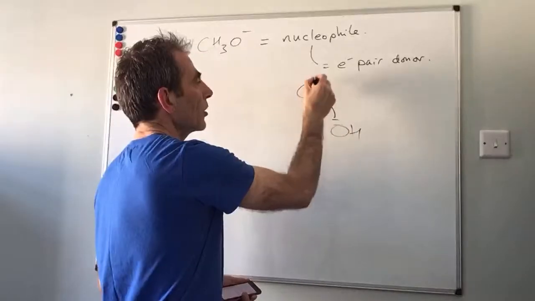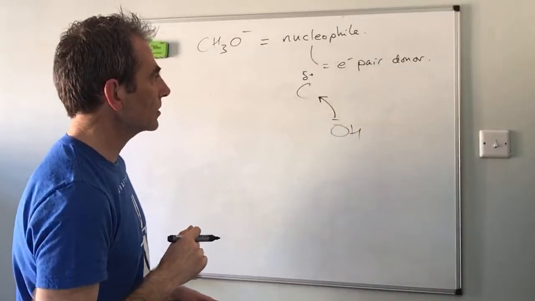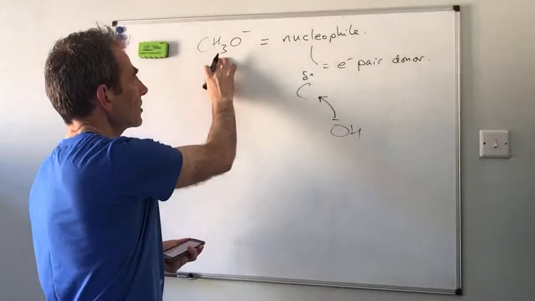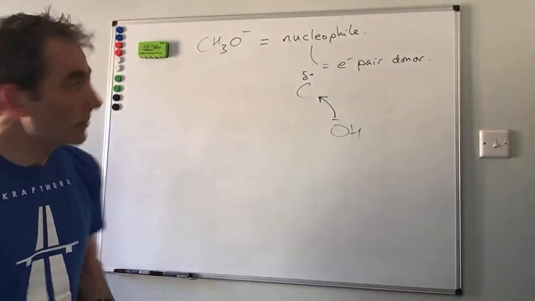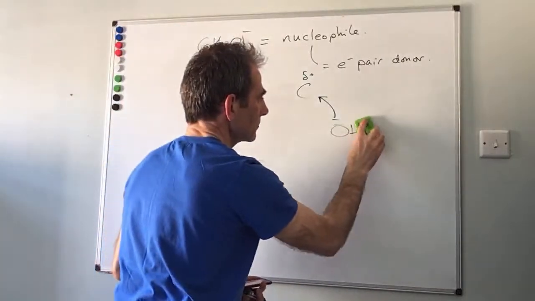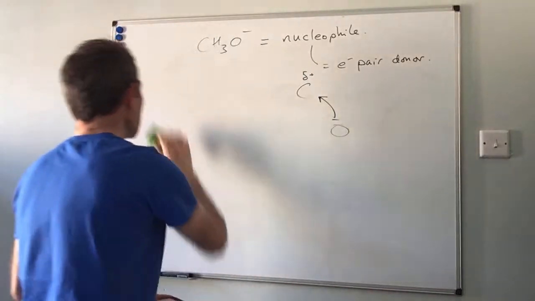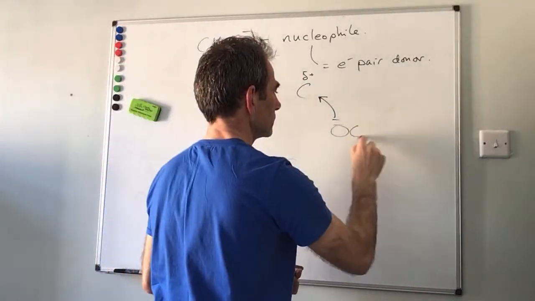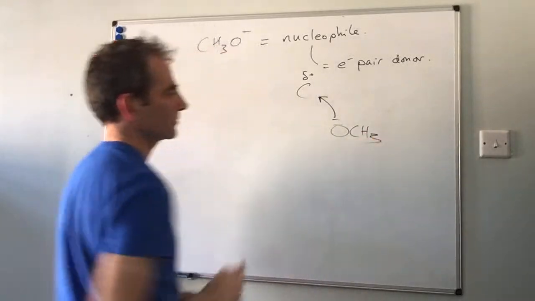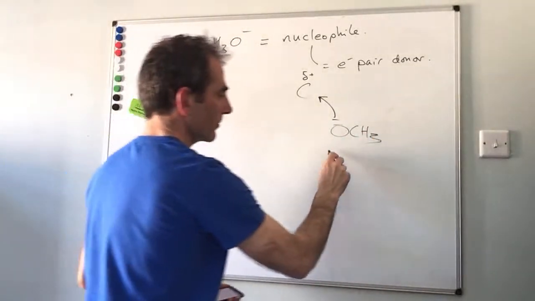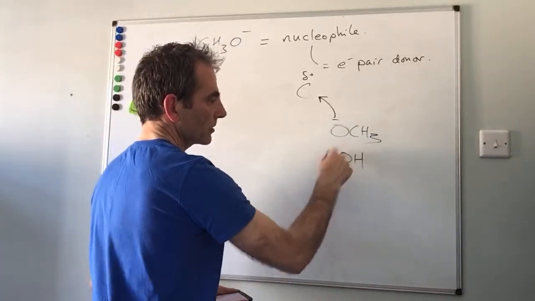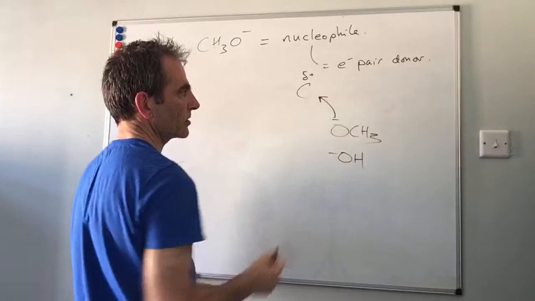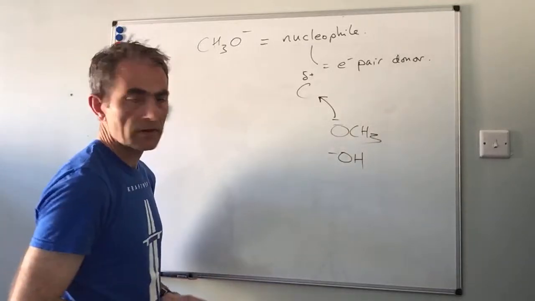So all we've got to do is apply it to this. Surely the methoxide ion must be able to do the same thing. And it was, very, very similar. We're told about this one in the question. It's got to be doing the same thing.